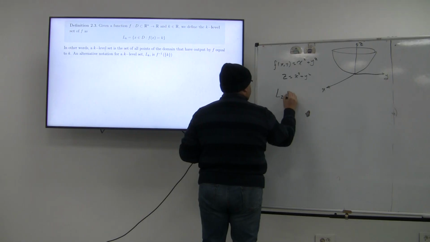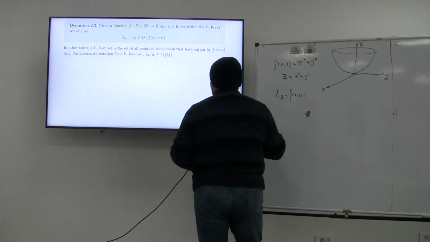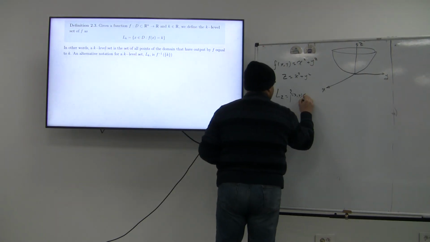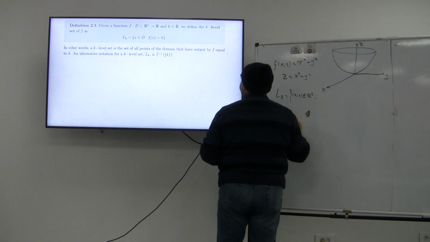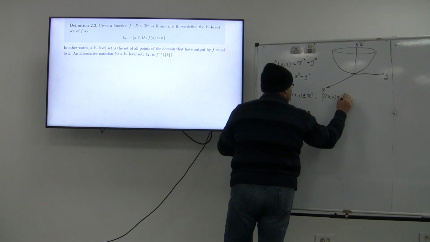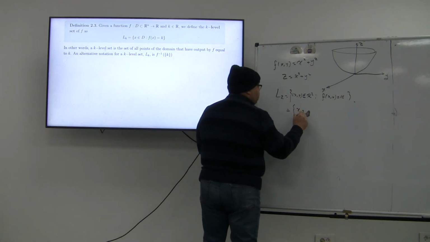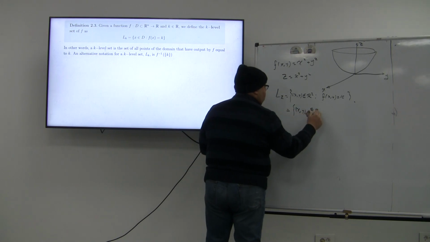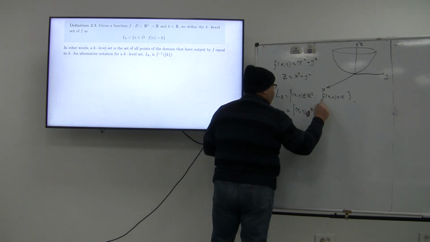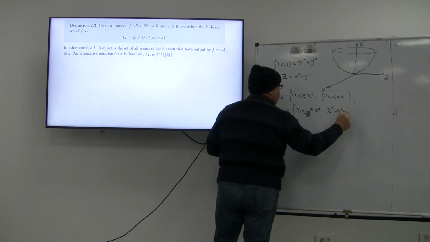All I have to do is to say that it's going to be the set of x and y, such that x and y belong to R2, the domain, and then f of x and y will equal k. For x and y in R squared, the whole domain, f of x y stands for x squared plus y squared.